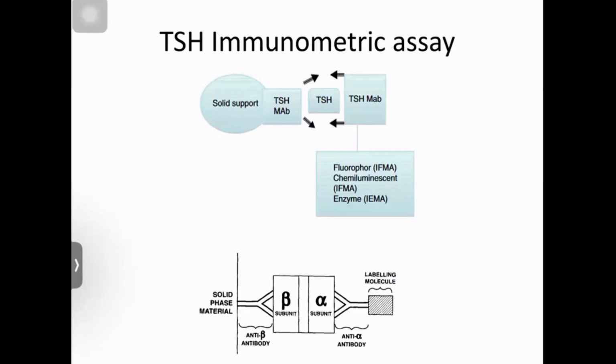So only the TSH gets bound to the base antibody, and finally you have another monoclonal antibody binding to the alpha subunit, and that is labeled with either an enzyme, a chemiluminescent reagent, or a fluorophore reagent. So this helps in being more sensitive in detecting TSH alone and eliminating the interference that we get from HCG, luteinizing hormone and follicle stimulating hormone, which share the alpha subunit with TSH.